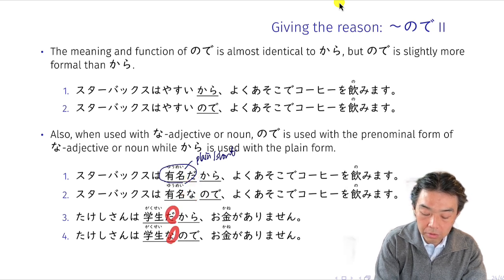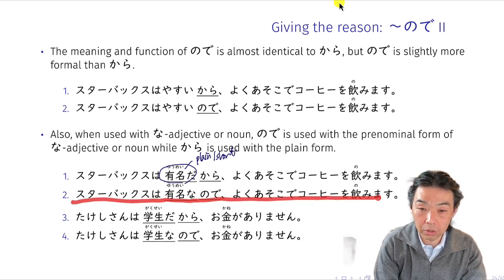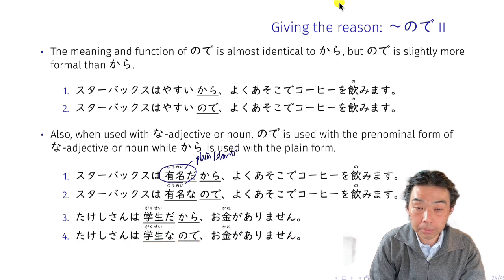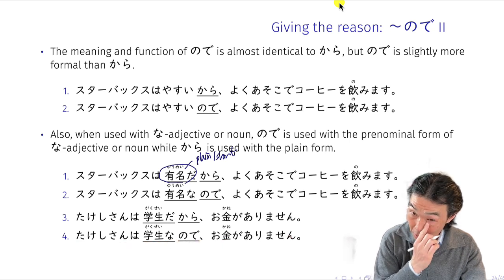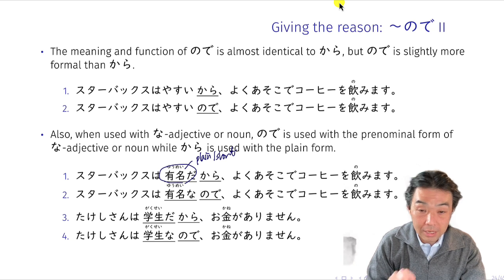So instead of 有名だ, we say スターバックスは有名なのでよくあそこでコーヒーを飲みます。Or たけしさんは学生なのでお金がありません。Okay. So you're going to see lots of inconsistency in terms of the form with an adjective and noun.